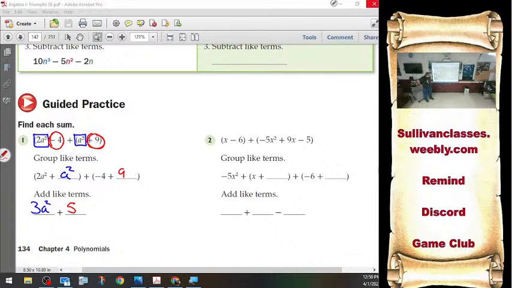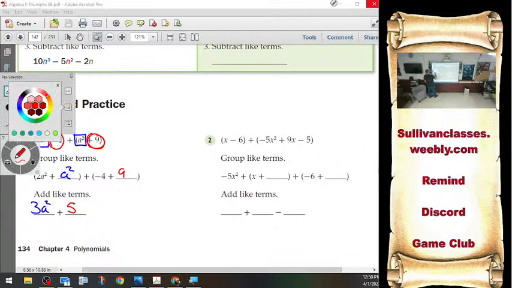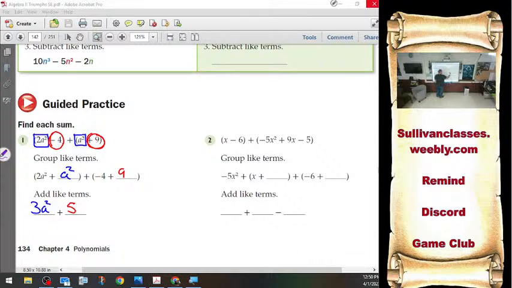On the next one, you notice how it started with negative 5x squared and nothing in parentheses with it? Well, that's because he was all alone. So that one's just there.